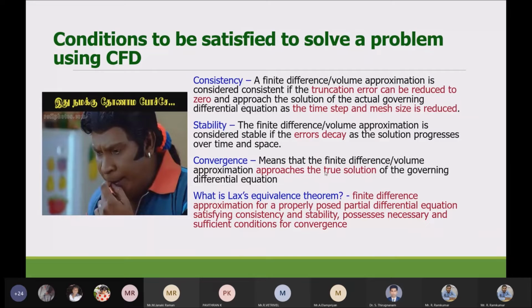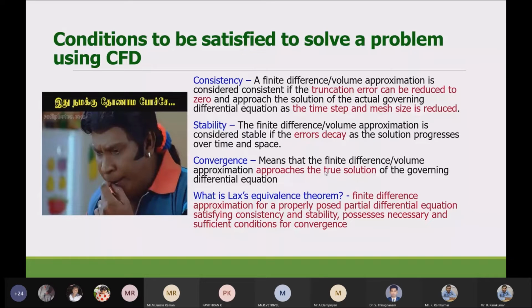And then stability. The meaning of that is the error should reduce as the simulation gets performed, meaning the process is iterative. That is why we have a lot of iterations in simulations.